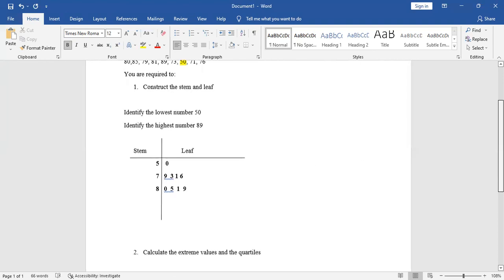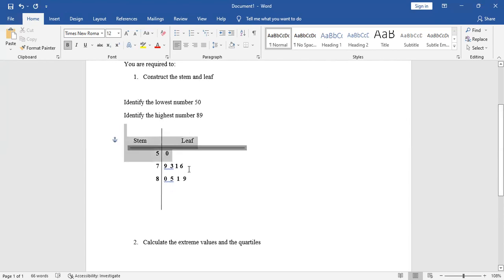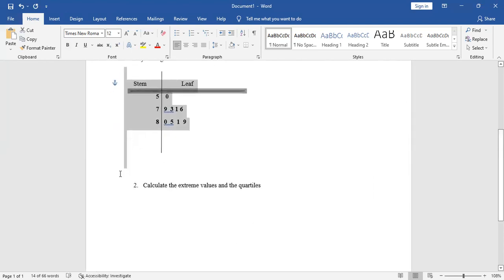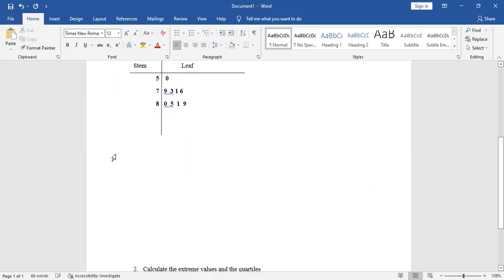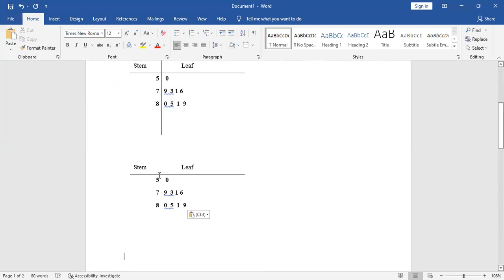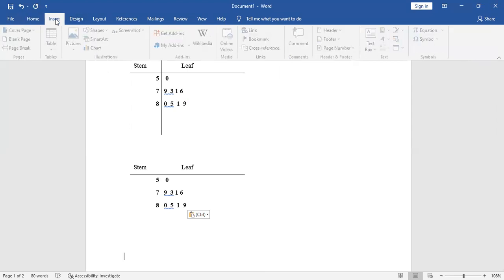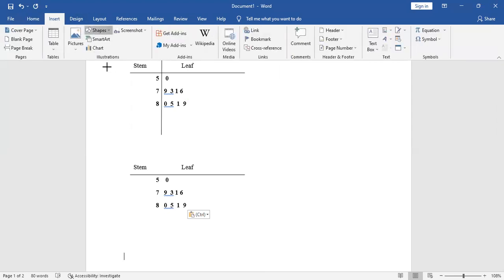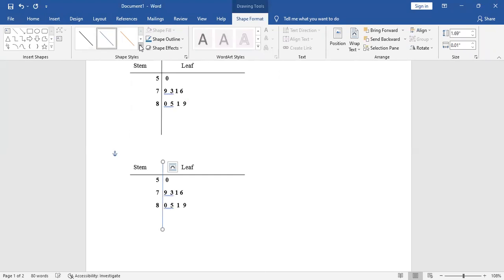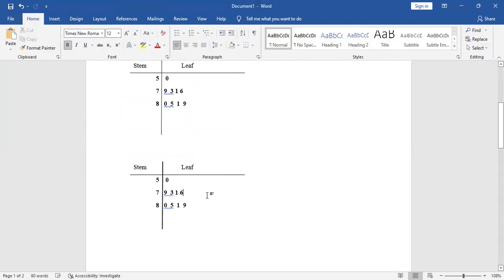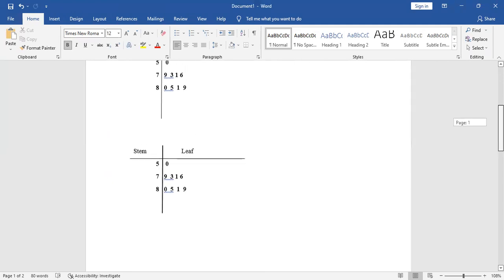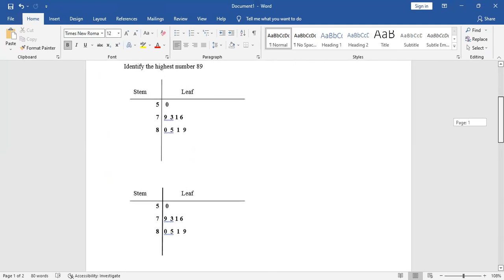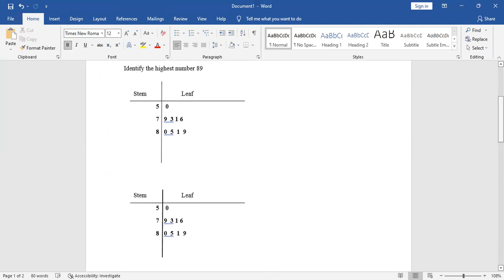Now, this stem and leaf is not arranged in order, so this is not the final answer. I need to copy this and arrange it in order. If I'm arranging it in order, there's nothing to arrange under the 5s; there's only one number.